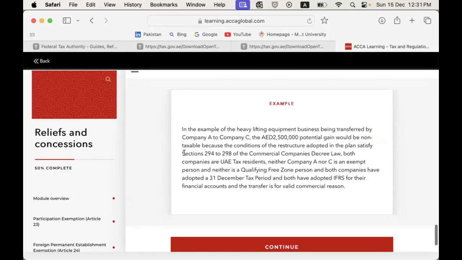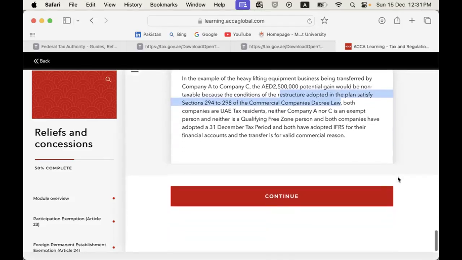That's why they highlighted that the restructure adopted the plan to satisfy the conditions of 294 to 298 of the Commercial Companies Law. Is this point clear to you guys? It must comply with the commercial legislation and other applicable legislation of the restructuring transaction that is taking place.